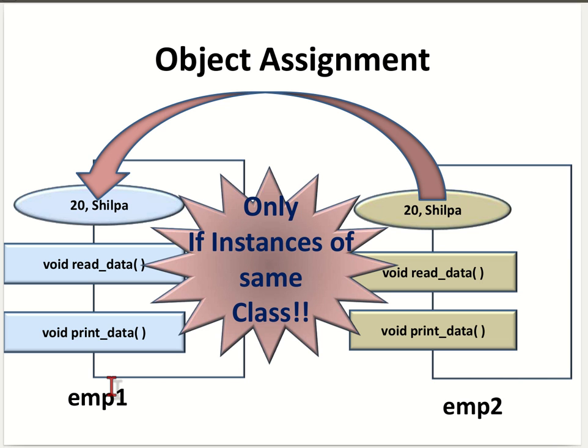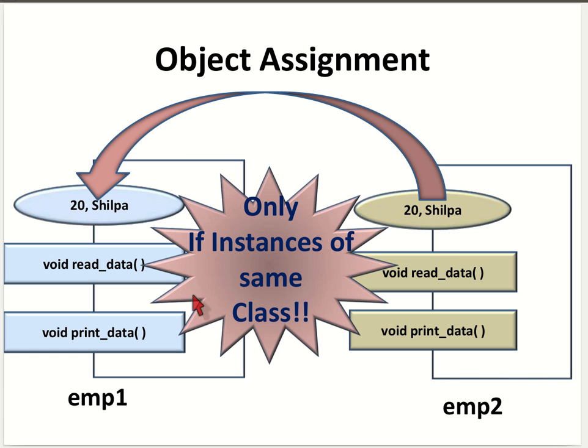So here in this example, we have EMP1 and EMP2. If I am passing this object using an object assignment or using a function call, what will happen? The attributes of this EMP2 will be assigned with this employee one's data.